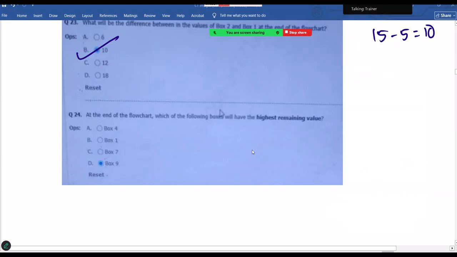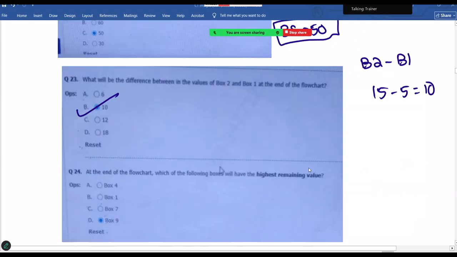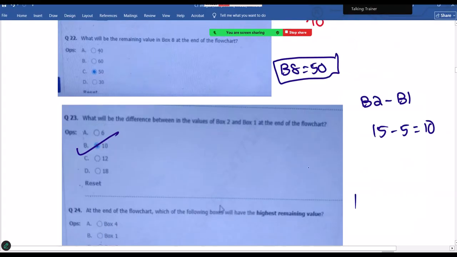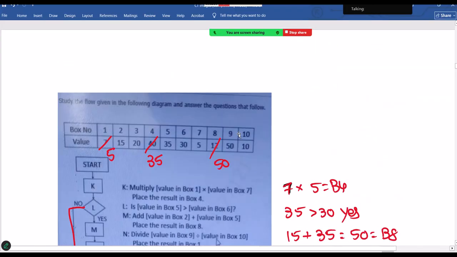Next, 24. Which box has the highest value? Which is lowest? That also generally they'll ask: which box is highest, which box is lowest at the end of the flowchart. At the end of the flowchart, the highest is 8 and 9 both.